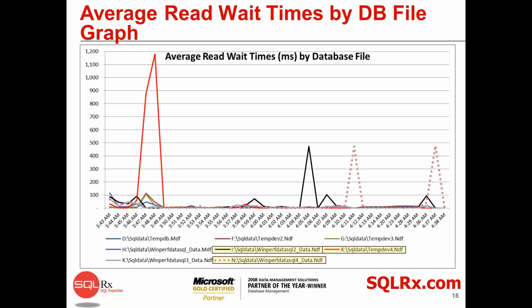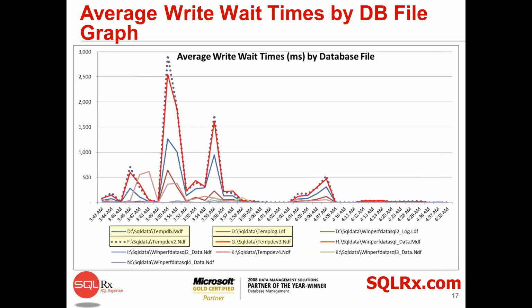You can see that it's the WinPerf data file this time, and you can also see it's another WinPerf data file. Those 3 files are the ones that experienced the most stuff when they tried to read. When they tried to write, the pattern looks very similar to what it looked like before. So this thing is having trouble when it tries to write a lot, and then all these numbers get terrible.